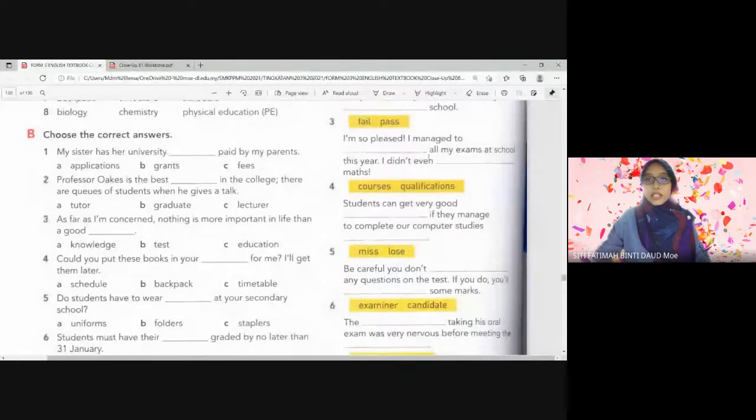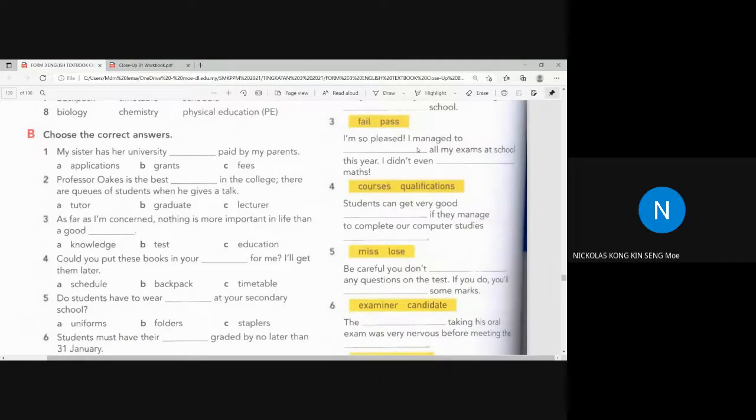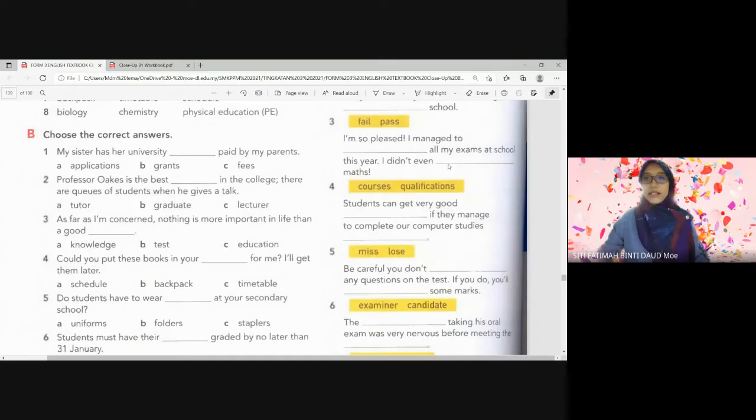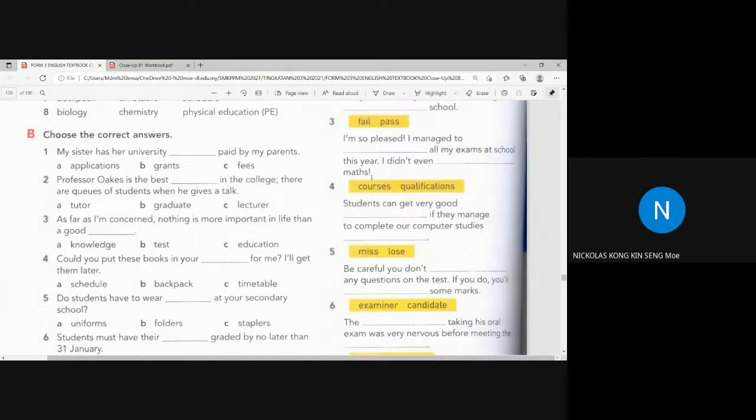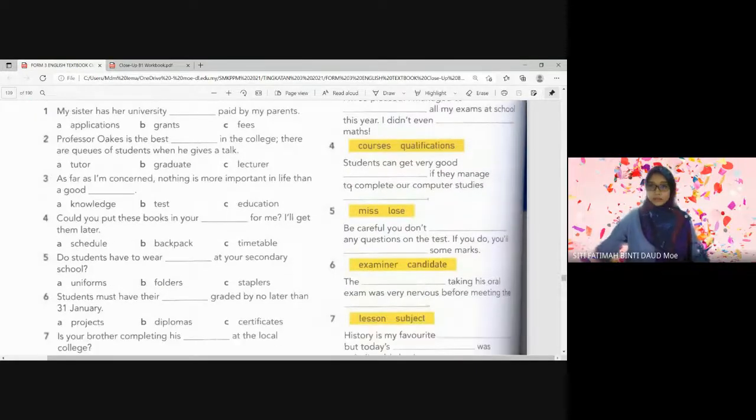I managed to pass all my exams at school this year. I didn't even fail maths. Pass and fail. Students can get very good what if they manage to complete our computer studies? All right, what is courses?